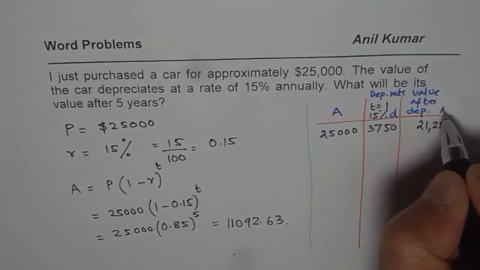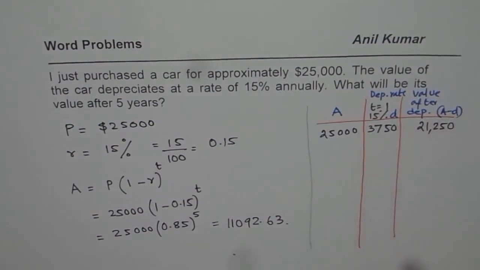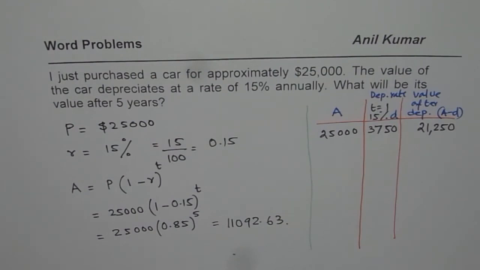So this column will be A minus D. You get my point, right? So you can continue this column and then find your answer. That is the alternate way of solving this question. In case you don't know the formula, you can apply this technique to answer the question. I hope that helps.